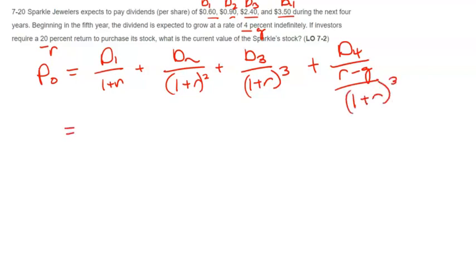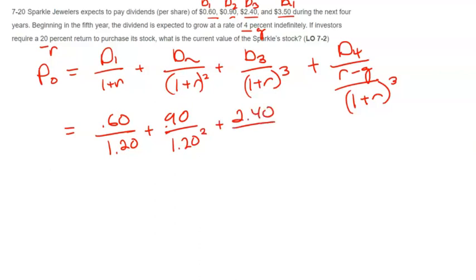I'm going to work this problem in Excel as well. So 60 cents divided by 1 plus R, that's 1.2. 90 cents divided by 1 plus R squared, plus $2.40 divided by 1 plus R cubed.